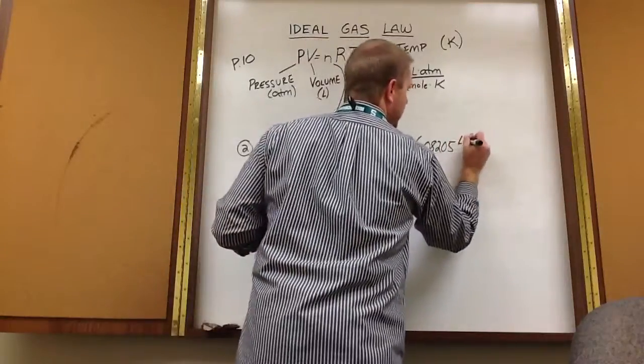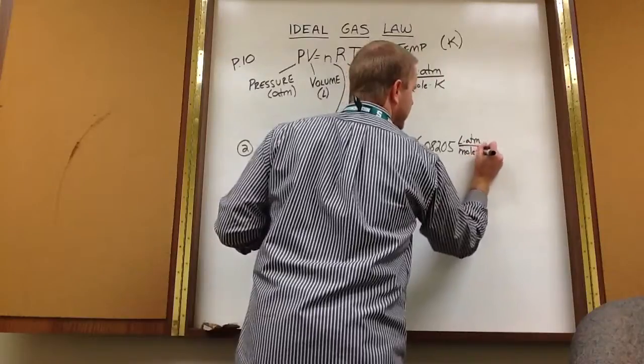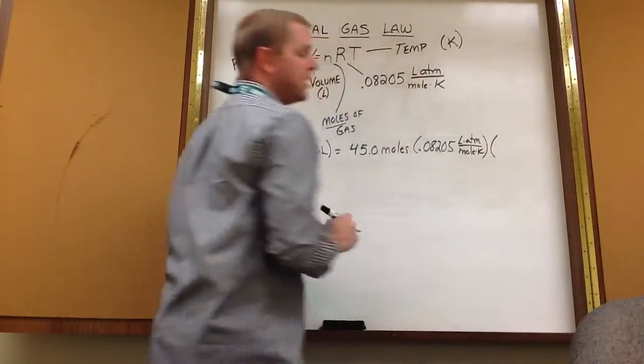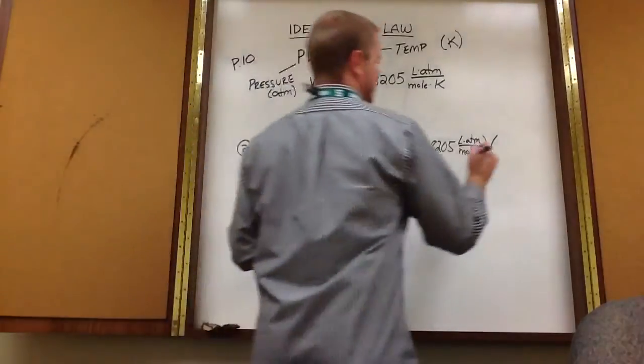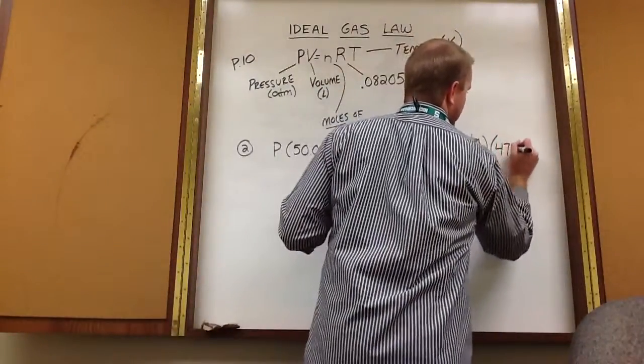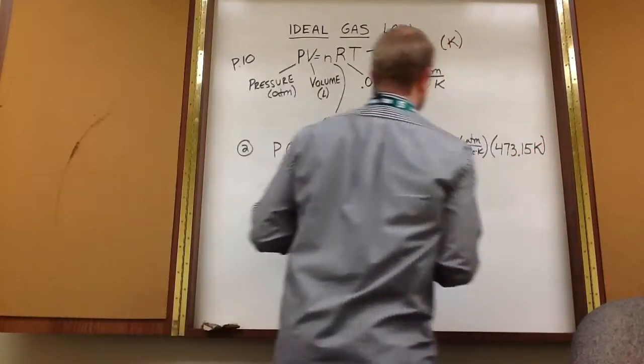0.08205 liters ATMs per mole Kelvin, times the temperature, which has to be in Kelvin. Well, it's not here. 200 degrees Celsius becomes 473.15 Kelvin.